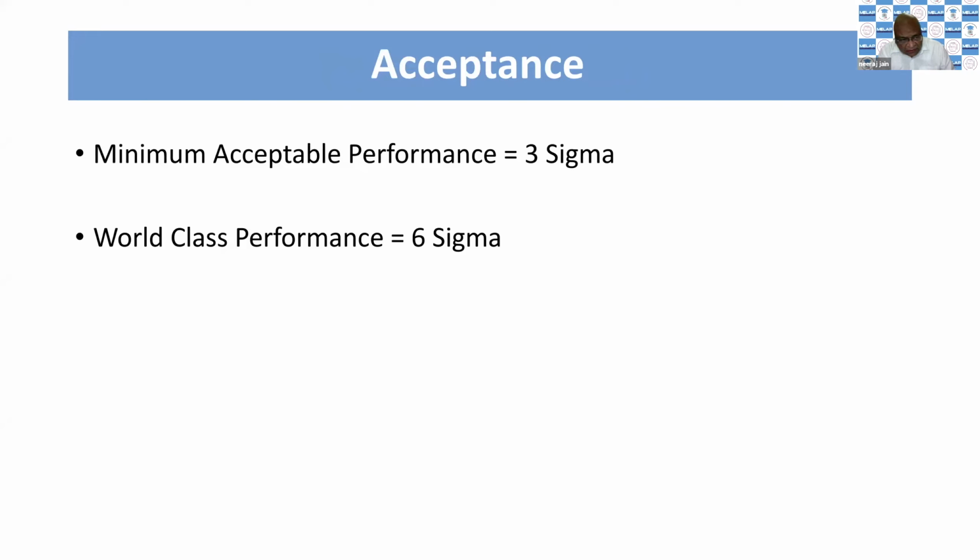And internationally, what they say, although it may sound little absurd, the minimum acceptable performance is 3 sigma and world-class performance is 6 sigma. Whatever sigma level we are getting initially, we shall work hard to improve that sigma level towards 6 sigma.